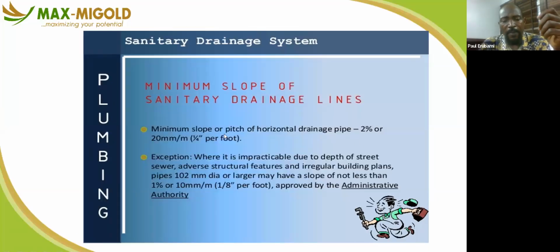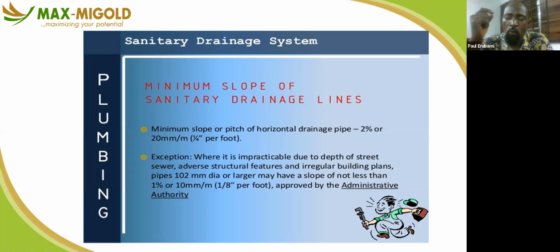So like I told the other class, the other physical class on the Saturday, when you are laying your drainage pipe, you must ensure you maintain a minimum pitch, that is a minimum gradient. Horizontal drainage pipe must be at least a minimum of 2% or 20 mm per foot. It must slope.